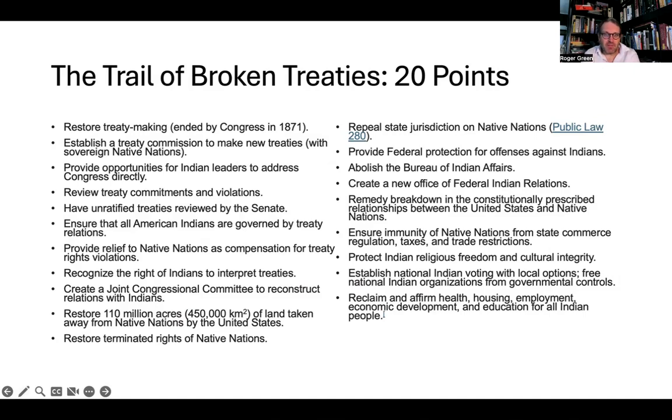This is different than storming the Capitol or enacting forms of violence to try and destroy the US government. No, it's actually about a set of policies that are about relations, forming a better relationship with the US government.